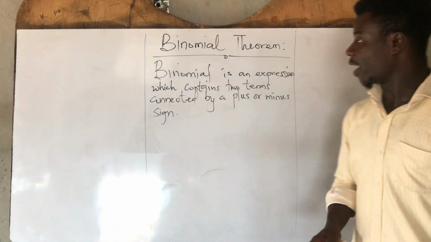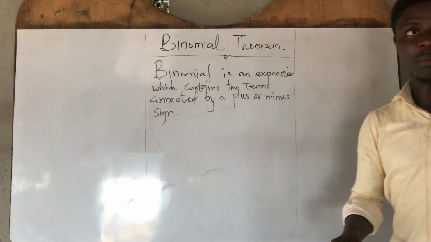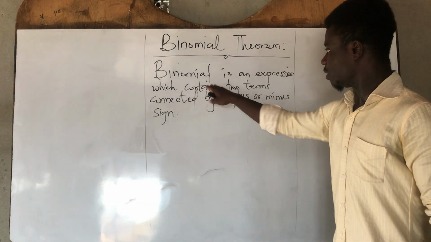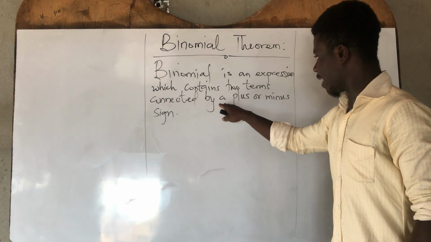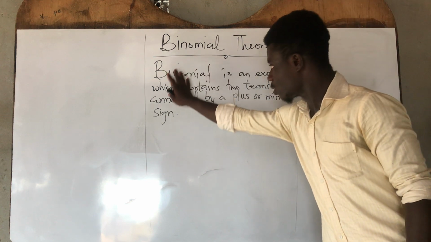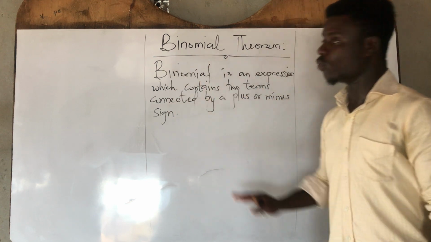So this is termed as what? A binomial. Bi means two, right? So a binomial is an expression which contains two terms connected by a plus or minus sign. So this is the definition for a binomial.